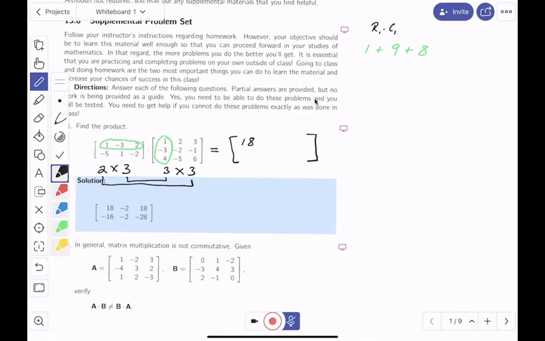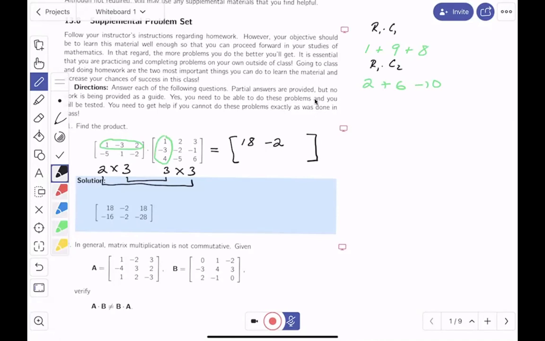Now I'm going to do row 1 times column 2. And what are you going to get there? Well, you're going to get 2, and then you're going to get 6, and then you're going to get minus 10. Now, what's that going to give you? If you look at it, 2 plus 6 is 8. 8 minus 10 is minus 2. All right.